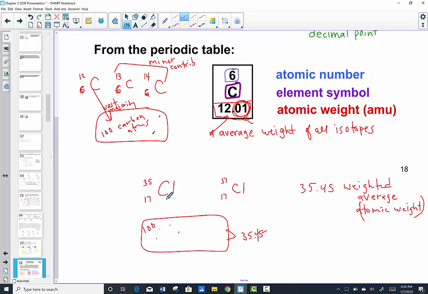Well, clearly 35 would be contributing more to the average because I'm still averaging with the total weight of 35, and yet I've changed the decimal enough to know that there's a pretty good amount of the chlorine-37. I mean, in other words, it didn't change it by just 0.01 like these two guys did up here. It changed it pretty miraculously by a whole 0.5. So there's more of these isotopes of chlorine-37 than there would be in nature of carbon-13 and carbon-14.